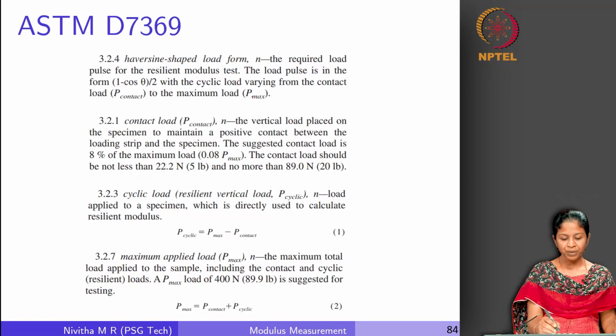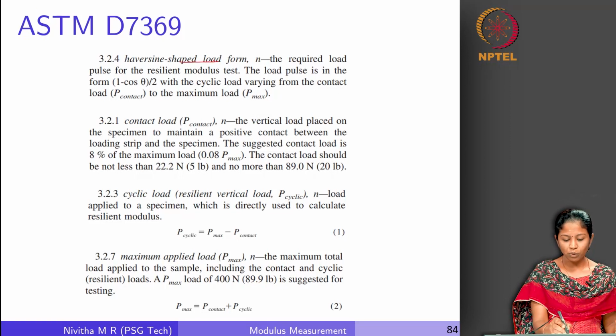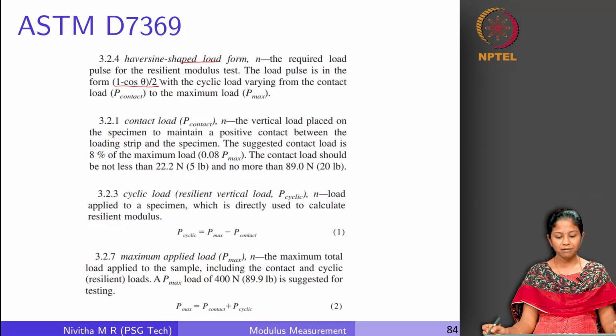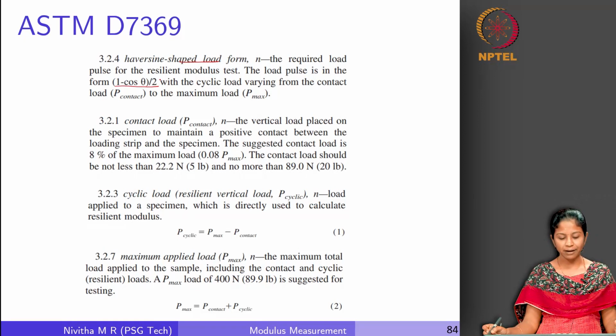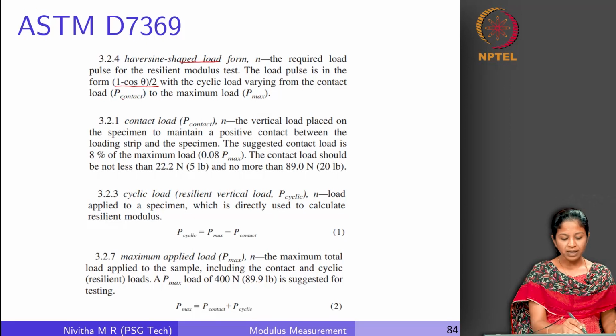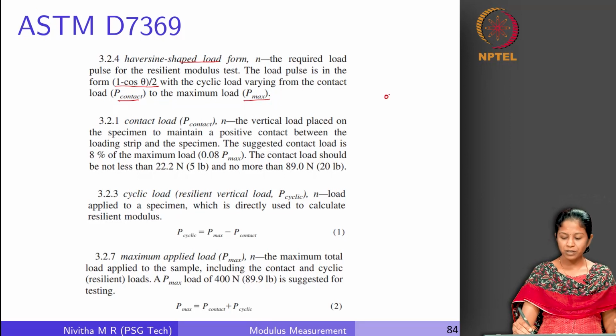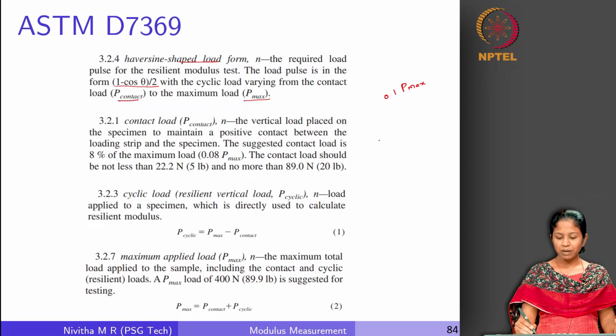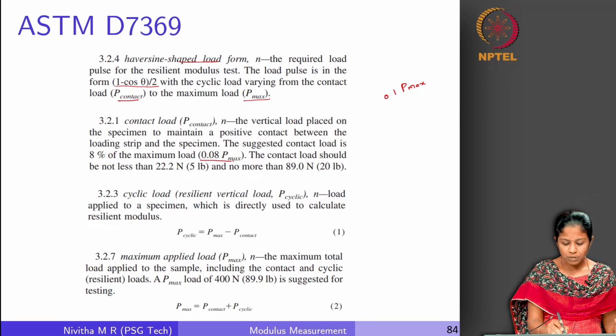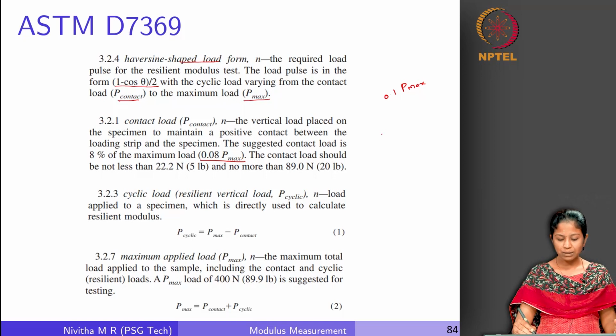this particular standard. So, we have a Haversine shaped load form of the form (1 minus cos theta) divided by 2. We had already seen this earlier, and we have two loads, one is a contact load and the other one is a maximum load. In the previous case we had used a contact load which is 0.1 of the maximum load. In this case we will be using a contact load which is 0.08 of the maximum load, right.